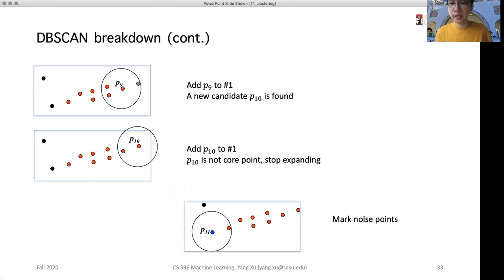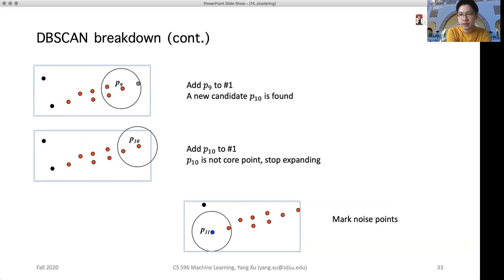So it's basically decided by the number of neighboring points with the current data point as a center and the radius of epsilon, and that will decide whether the current point is a core point. If yes, then it is part of the current cluster.